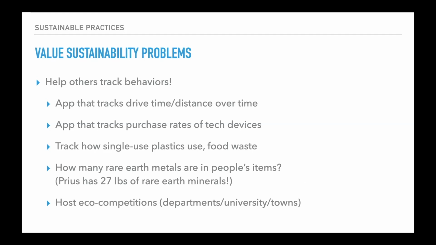Maybe you find a way to track how people use single-use plastics by doing some sort of evaluation of companies, food services, food providers like, I don't know, Applebee's. I'm reaching here. So if you order to go from Applebee's, how likely are they going to give a single-use item? And how often do you order from Applebee's, et cetera? So you start to build these tools that help people track how much they're consuming.